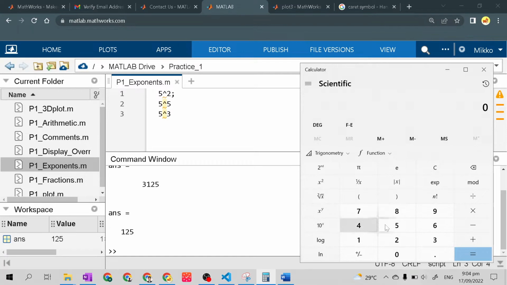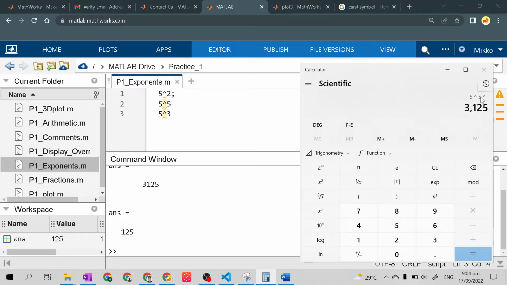Okay, how to use this? I don't know how to use this calculator. Okay, how to raise 5? Let's see. Sorry, I don't know how to use this. Okay, 5 raised to 5.